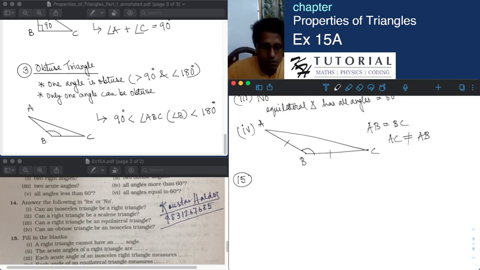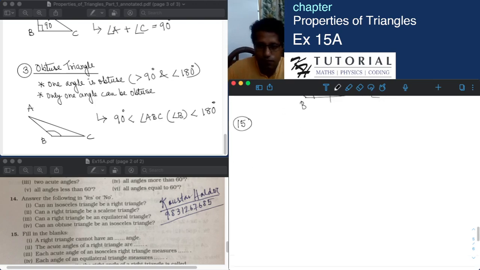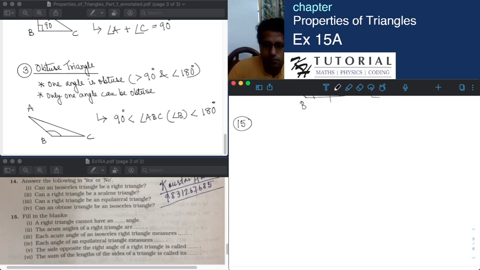Okay, let's solve problem number 15. We have fill in the blanks. A right triangle cannot have an angle.